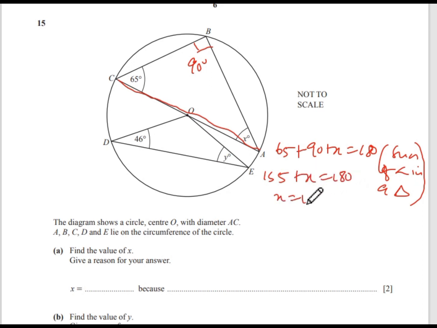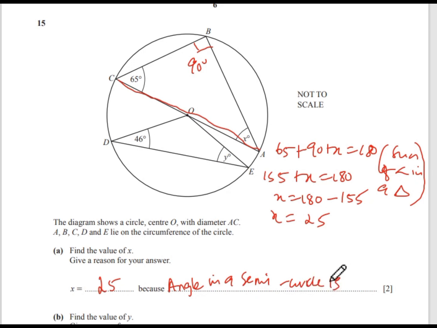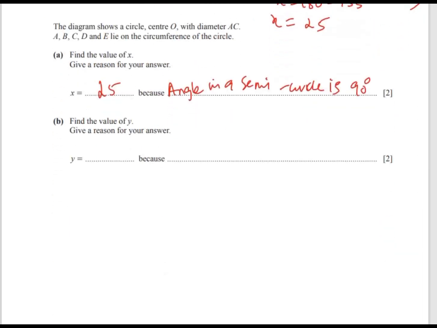So x becomes 180 negative 155, which is 25. So our x is 25, and this is because angle in a semicircle is 90 degrees.